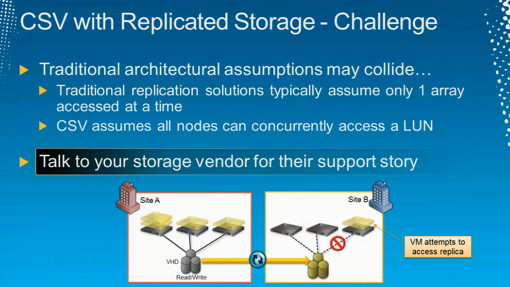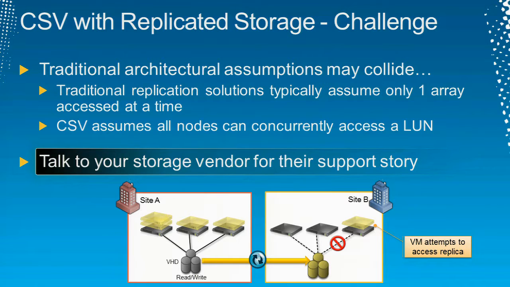CSV with replication. We talked about storage requirements primarily from the clustering point of view. CSV with replicated storage is a big challenge. On traditional cluster storage, at any point in time, only one node can see the disk.